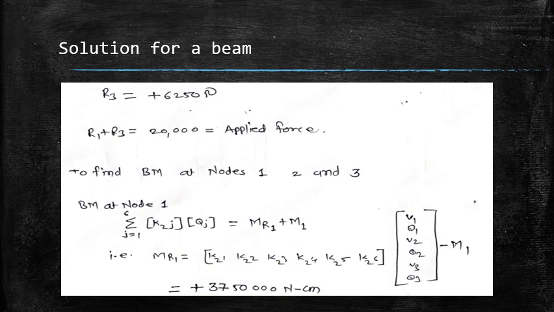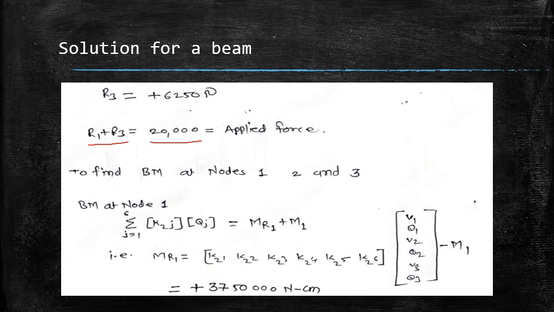So R3 comes out to be plus 6250 Newton, and you can easily verify that the summation R1 plus R3 is equal to 20 kilonewton in the upward direction, which is equal to the point load present at the center of the span.